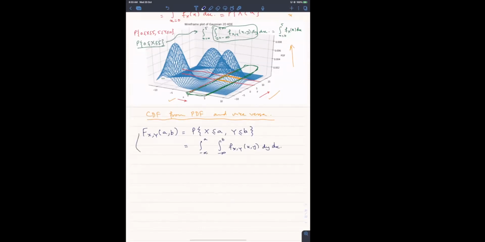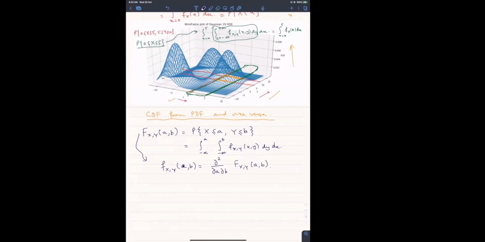So from the CDF you can find the PDF. जिस तरह सिंगल के केस में होता था, इसको कैसे मालूम करेंगे? You take the derivative, but since you have two variables here, you take the partial derivative. So partial square of partial a partial b of F(a,b).